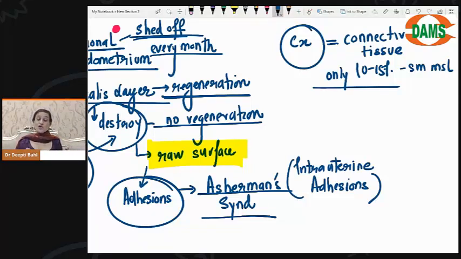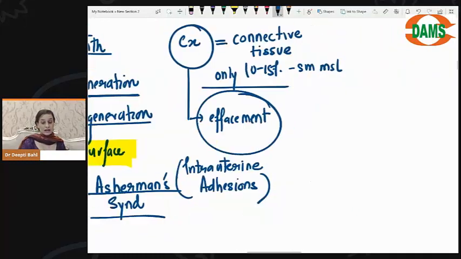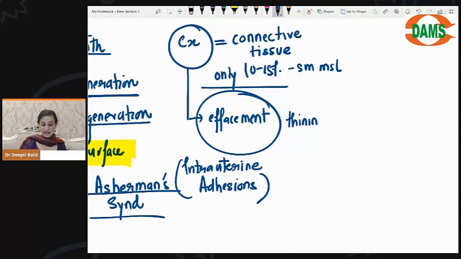This is also the reason why, in pregnancy, as you will read in OBS that I have taught you in labor, the cervix is able to undergo effacement, which was nothing but thinning. So we said effacement was thinning and shortening of the cervix, and this change is possible because it is made up of connective tissue.